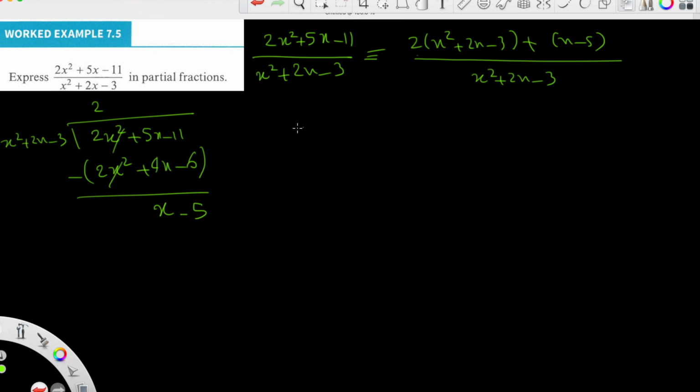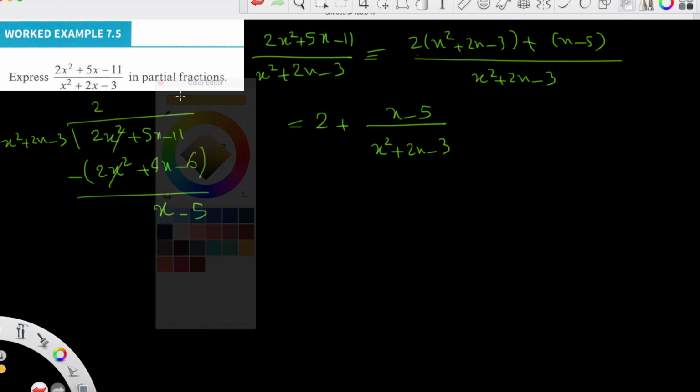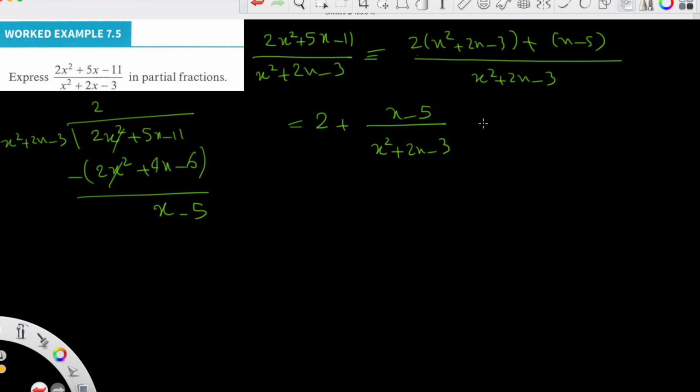If you separate them, it will be 2 plus (x − 5)/(x² + 2x − 3). Now here you have a polynomial which is actually the fixed number 2. So if you split it, it will be 2 plus, now you can write (x − 5) over, if you factorize the denominator, (x + 3) times (x − 1).